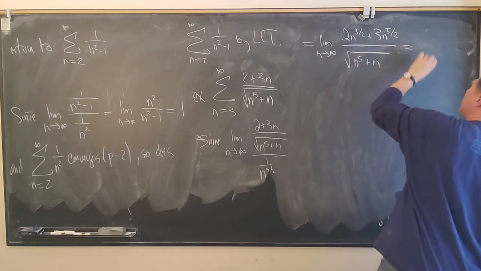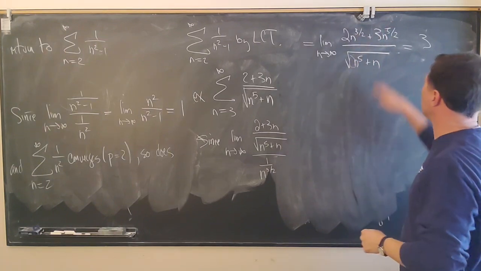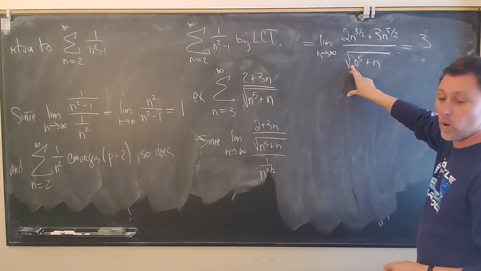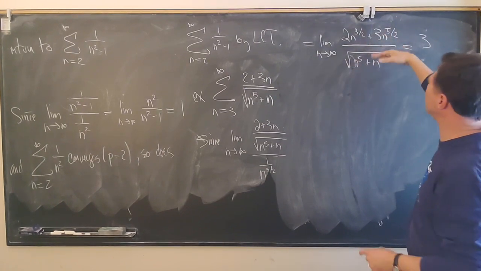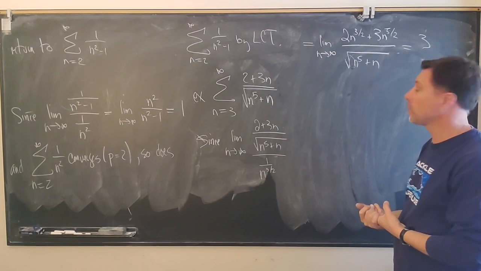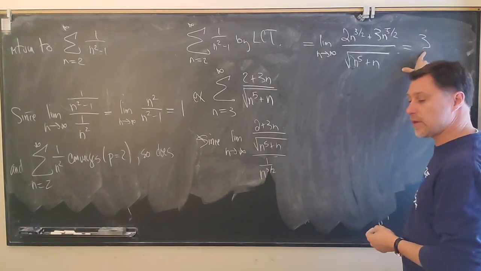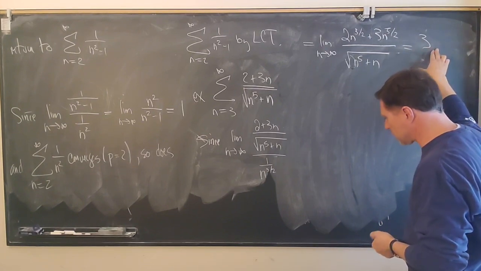This limit is going to equal 3, right? It's going to be the ratio of the leading coefficients. There's a 3 in the top and a 1 in the bottom. This is not exactly polynomial over polynomial, but it's close enough that you can use that same idea. You get the ratio of the leading coefficients. We got a limit equal to 3, which is a positive constant.